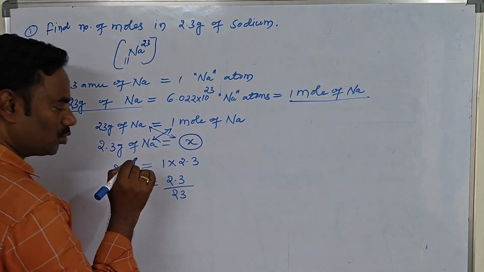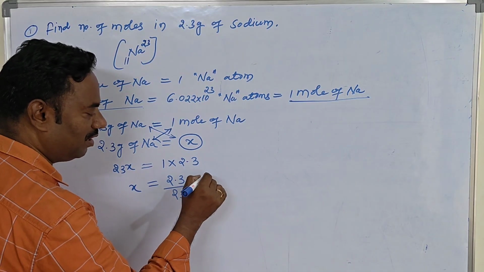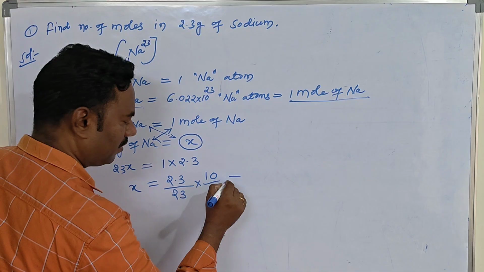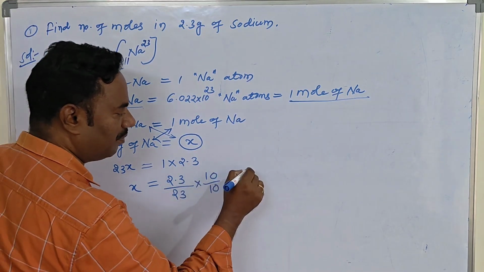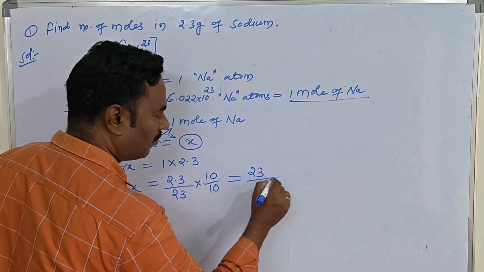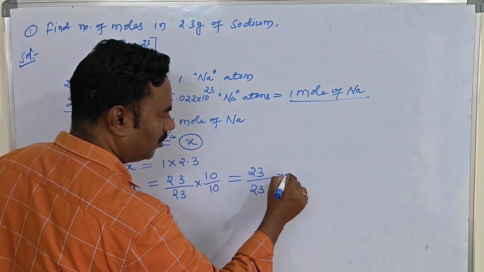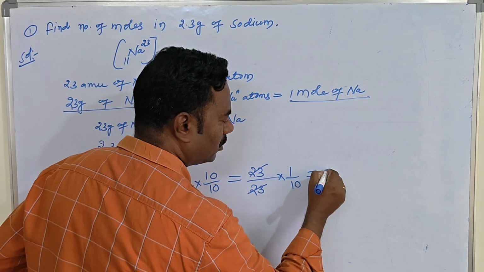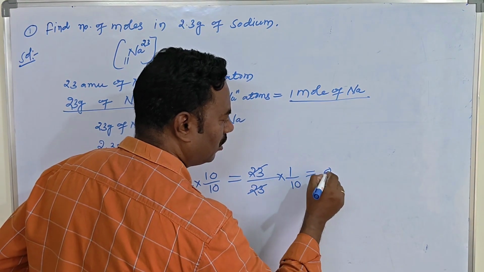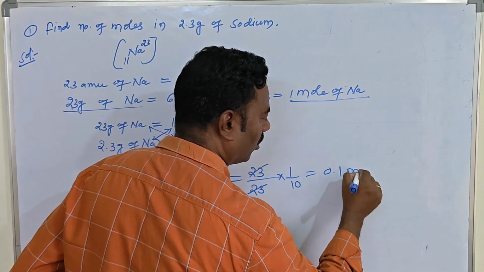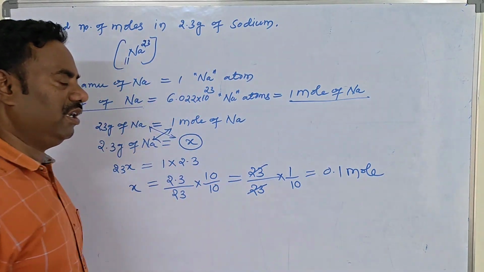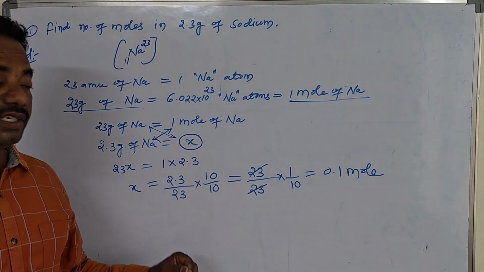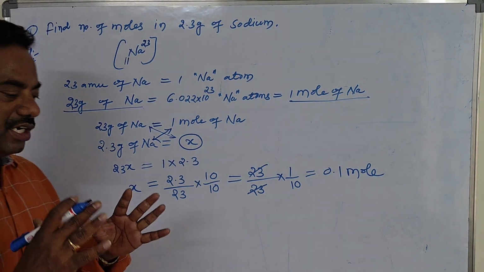To solve this, you need to multiply with 10 and divide with 10. 2.3 into 10 means 23 by 23 into 1 by 10. 1 by 10 means 0.1 mole. This is an easy problem only. For understanding purpose, I want to give primary information. In a simple way, I want to solve each and every problem.